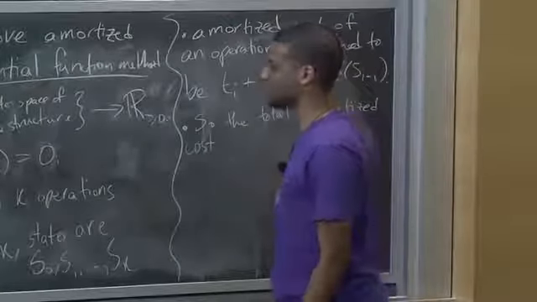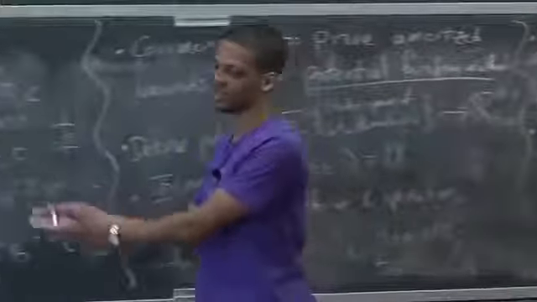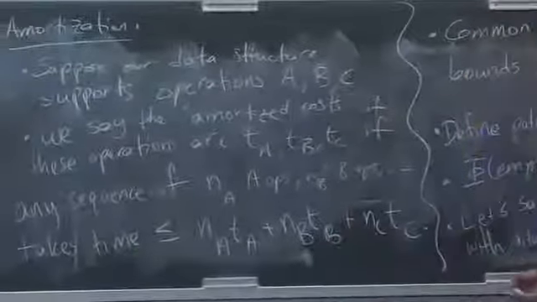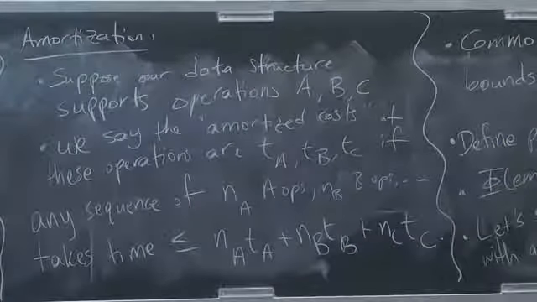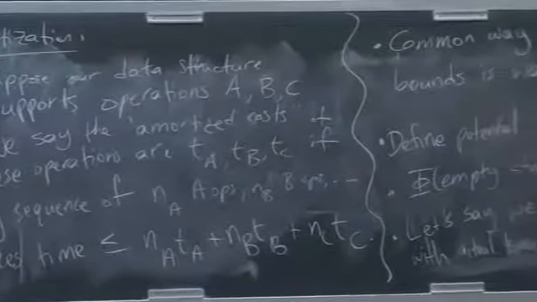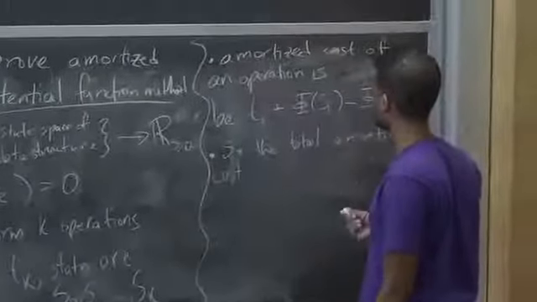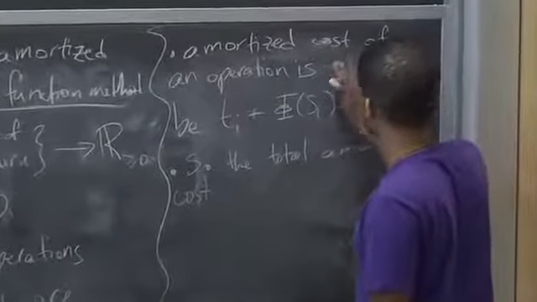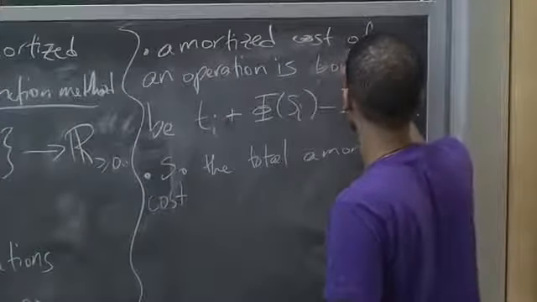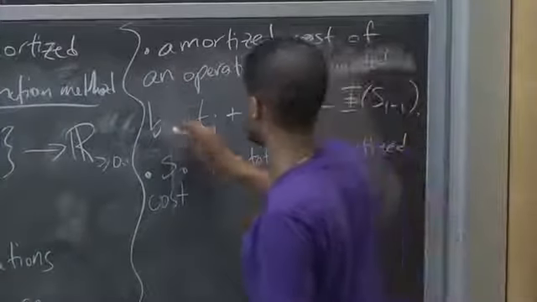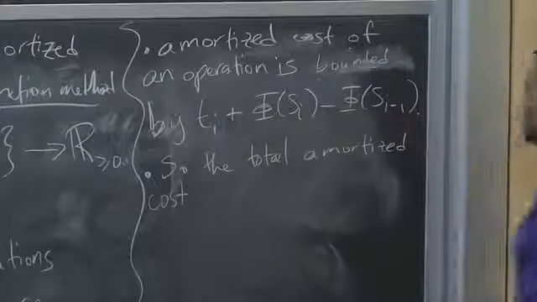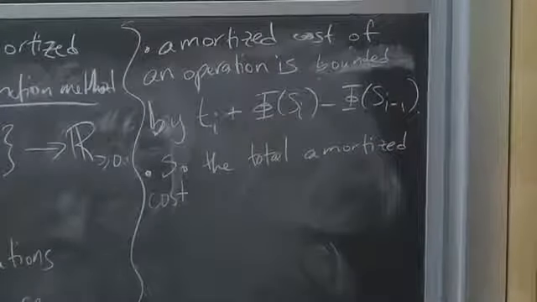I guess what I wanted to say is, this is what I define the amortized cost of a sequence to be. I want to say we'll show that this is the case, is bounded by, let's say. The amortized cost of one given operation is bounded by this.